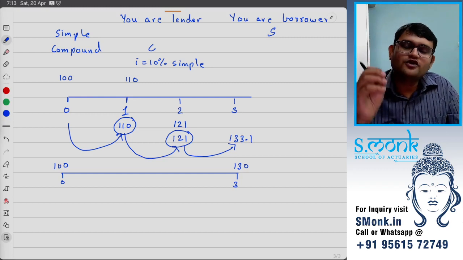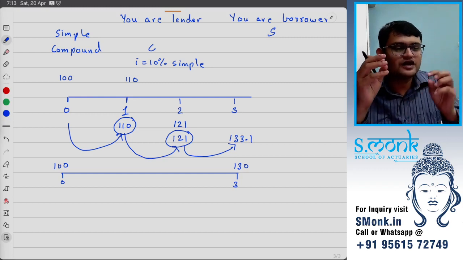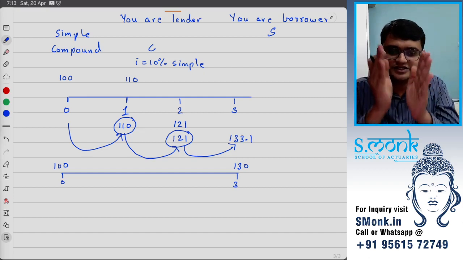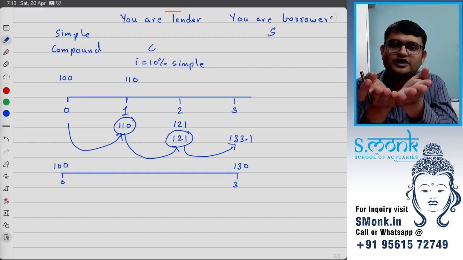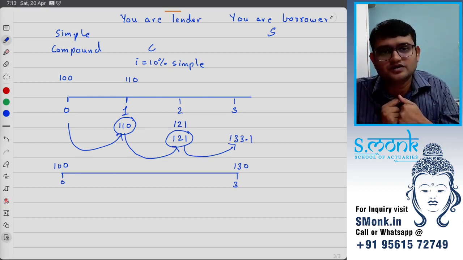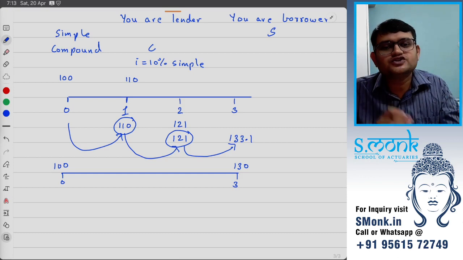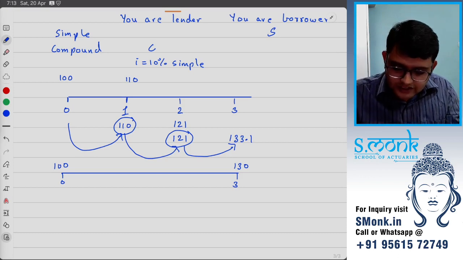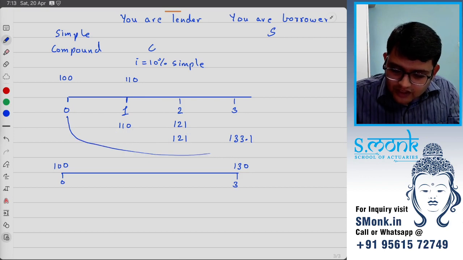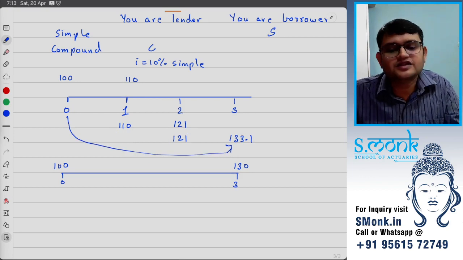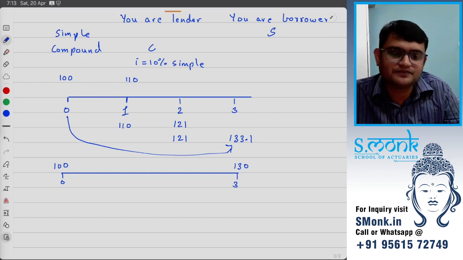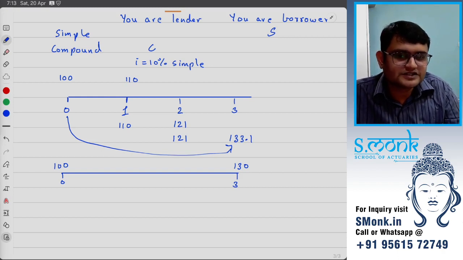So instead of that hassle, because I will have to sell all my product and raw material at that exact moment, so that I can give you that 110 and you give it back to me, that hassle is too much for me. I'll say, okay, see, calculation wise, clearly, if you give me a loan for 3 years, rather than giving you 130, I will give you 133.1. Does that make sense?